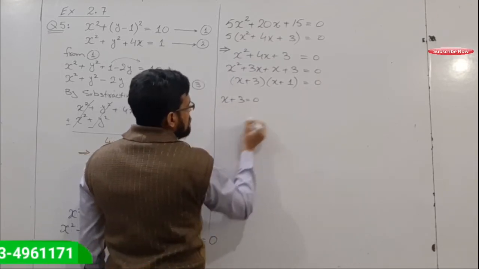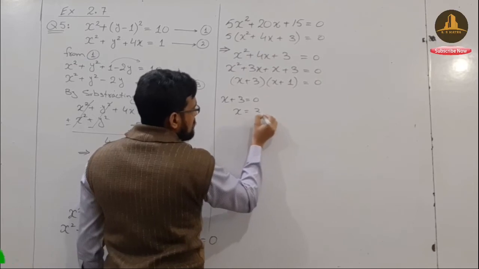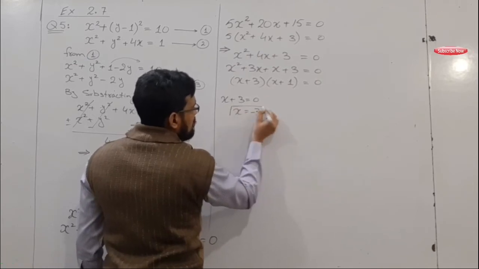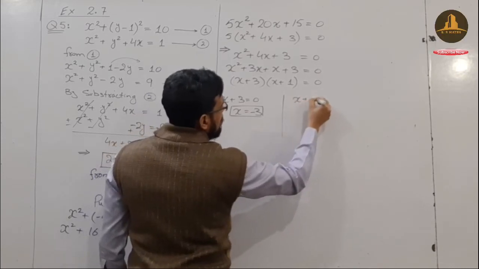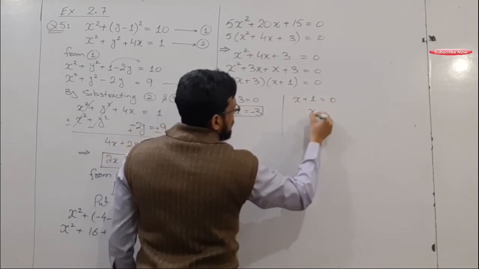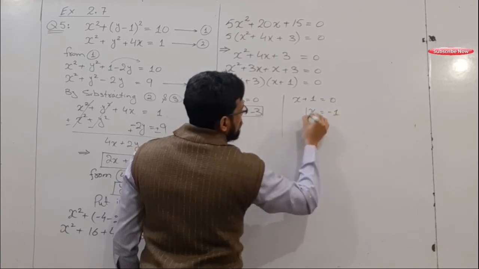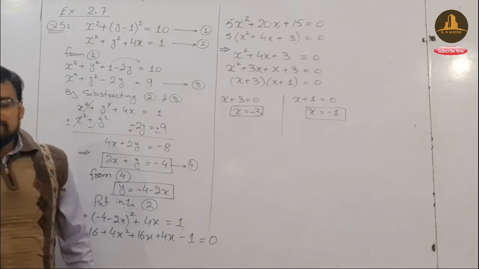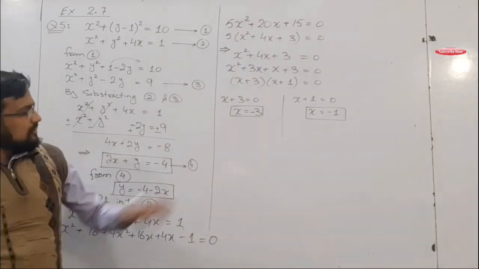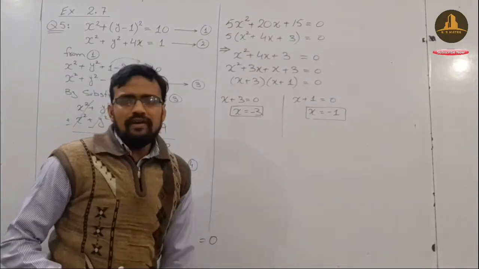Similarly to the previous question, find x: x is equal to minus 3 and x is equal to minus 1. These are the two x values.